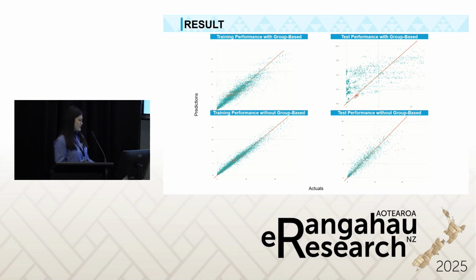But we can see that the model without group-based resampling is performing better than the top two. And if we look more closely, we can also see this horizontal spread, which is more prominent in the top right plot.